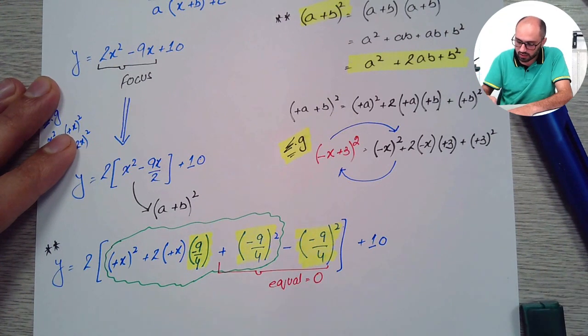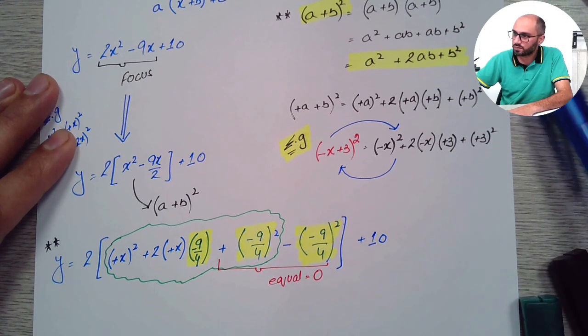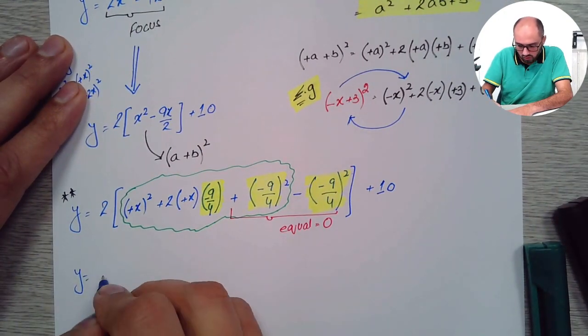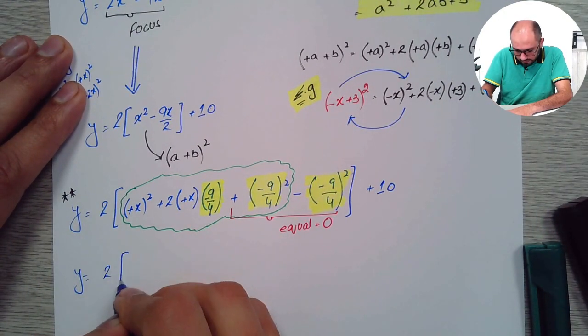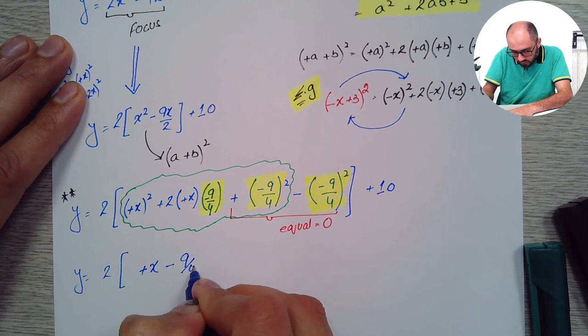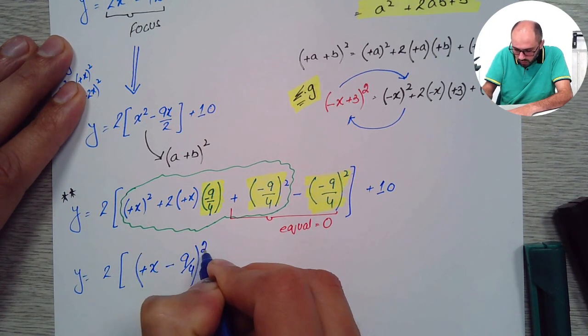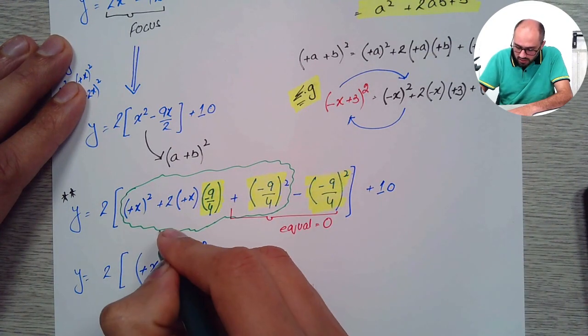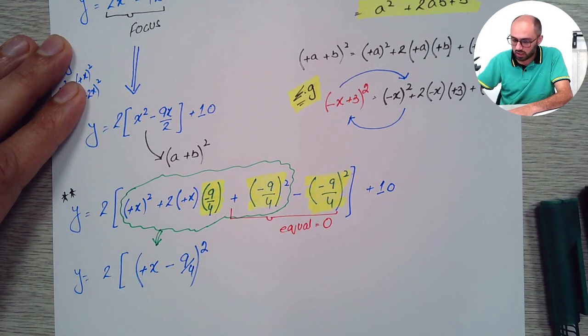So if I do that, it will change into y equals 2 times plus x minus 9 over 4 whole squared. Everything that you see in the green circle has now been transformed into this form, and they are both equal.